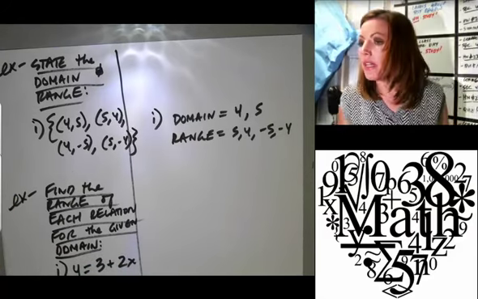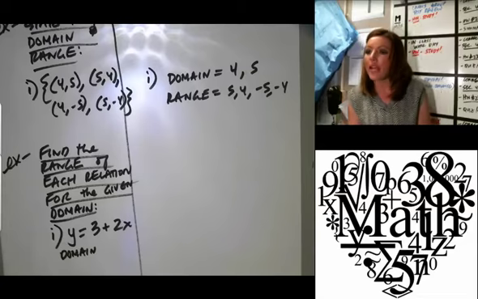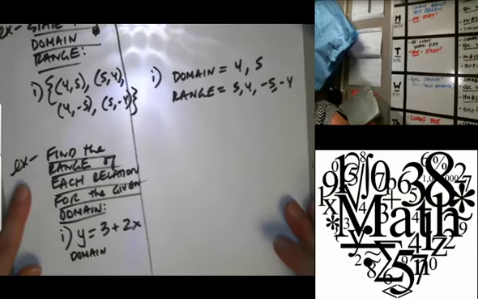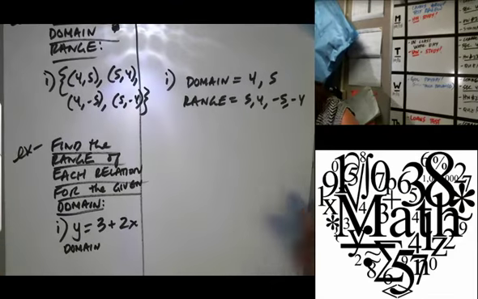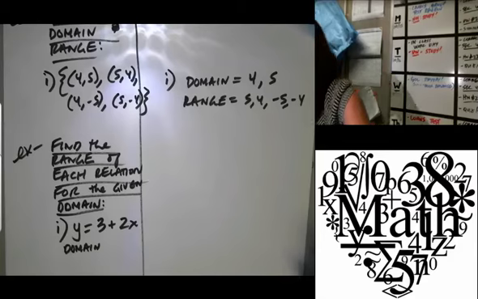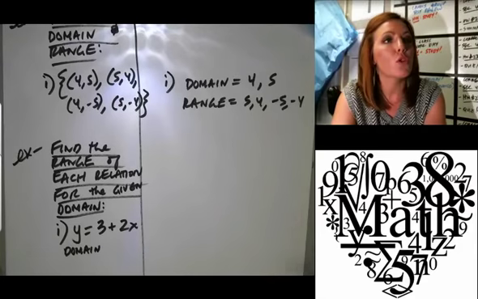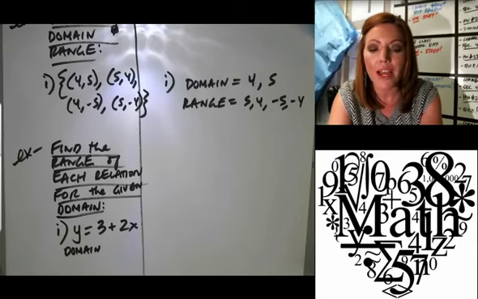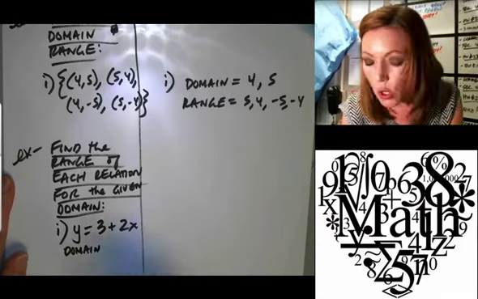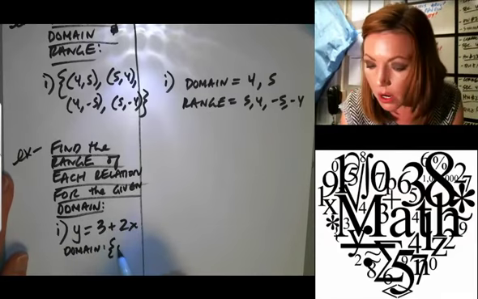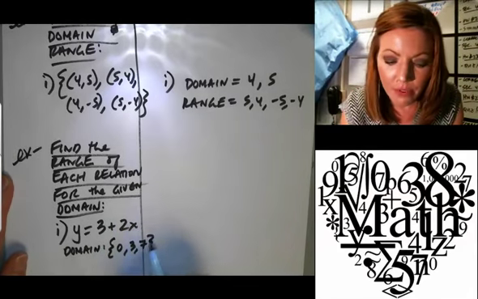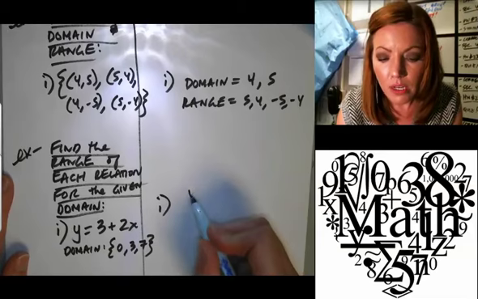Okay, find the range of each relation for the domain. So, this first one, we are given a function of y equals 3 plus 2x, and we want to find the range for a domain of 0, 3, and 7. So these are 3 separate ones.